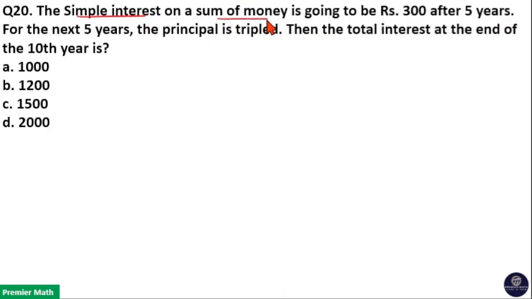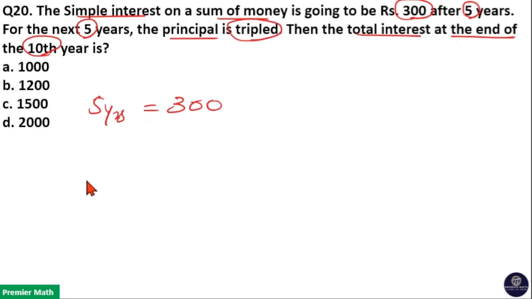Simple interest on sum of money is going to be rupees 300 after 5 years. For the next 5 years, principal is tripled. Then the total interest at the end of the 10th year is. Here number of years and rate are same. For the first 5 years, simple interest is 300 rupees. And for the next 5 years, principal is tripled.